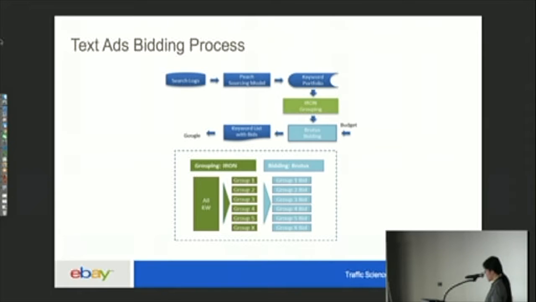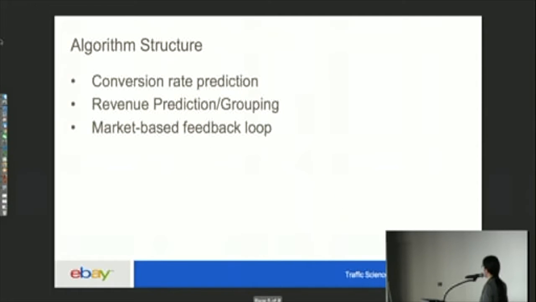The lower part of this picture shows in more detail how we group with Iron and bid with a bidding algorithm called Brutus on group level. So the structure of the algorithm is that firstly, we predict the conversion rate of each keyword, and use the predicted conversion rate and the price of the keyword, also together with some parameters we learn, to predict the revenue we can get for each keyword.